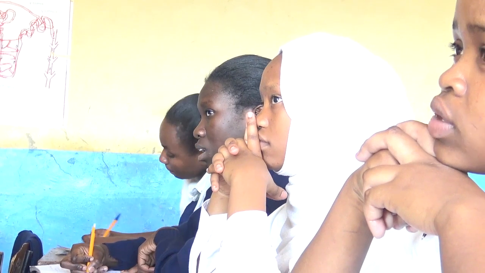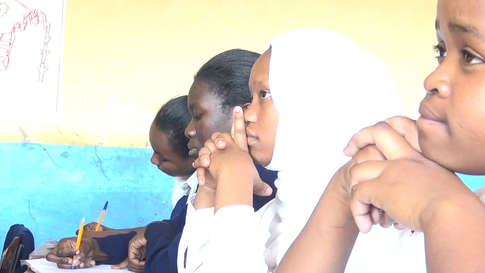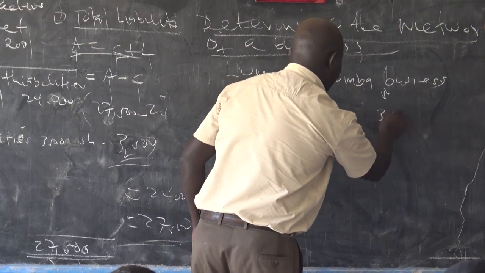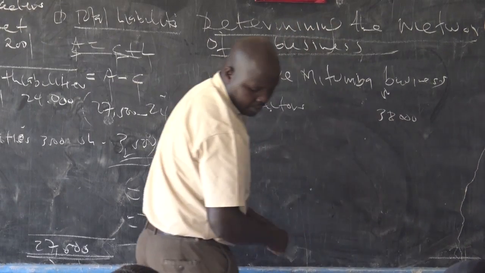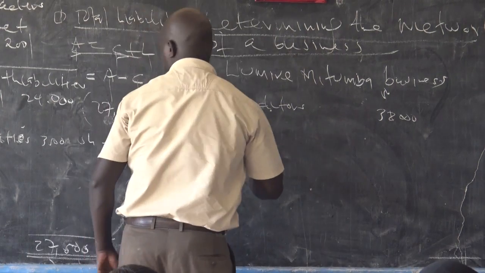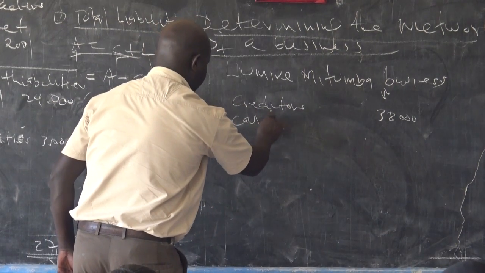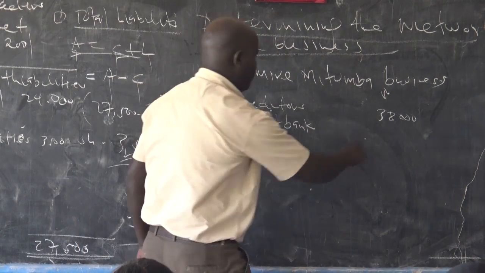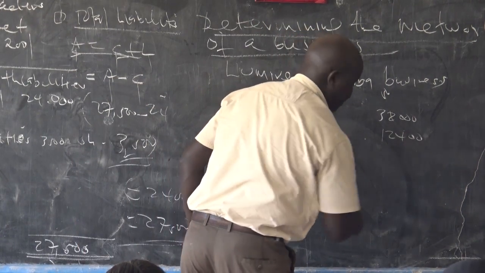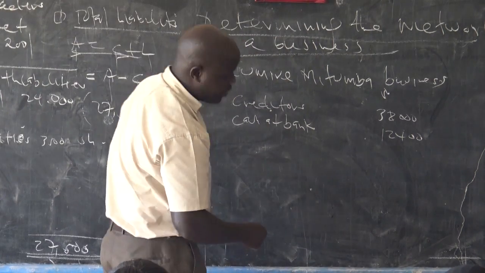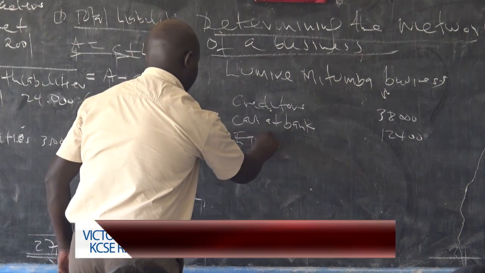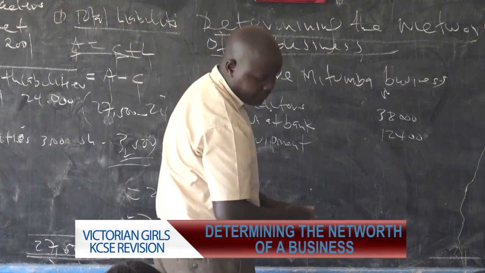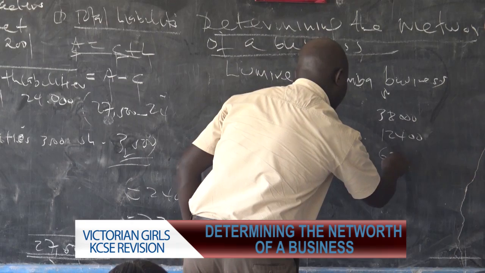Creditors, shillings 38,000. Then we have cash at bank, 12,400. Then we have equipment amounted to shillings 63,400.